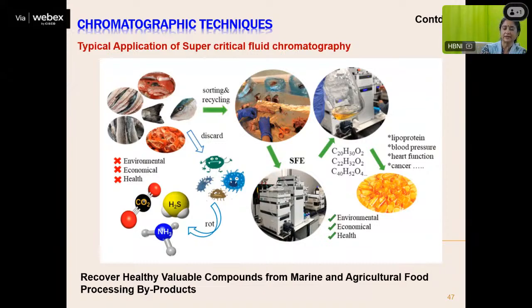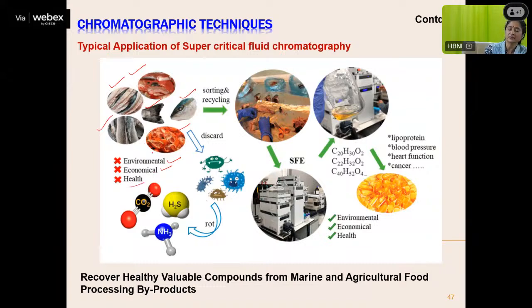You can see these are food processing byproducts. Some fish waste, which normally has to be thrown out to the environment, would be hazardous to the environment, is not economical, and is also a health hazard.